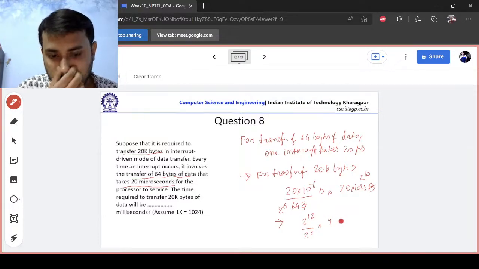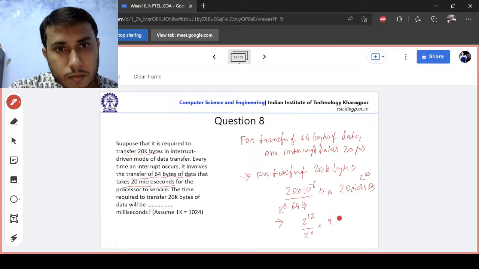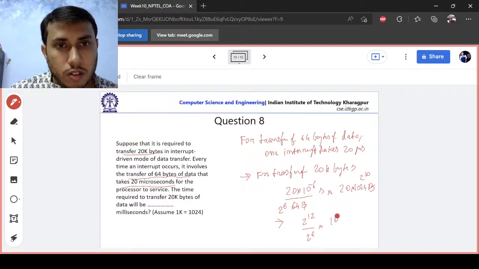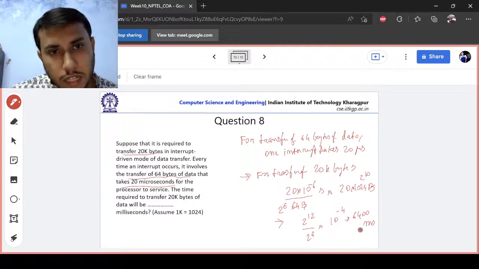Ultimately we get 10 to the power of minus 4, 6400 ms. So that is the answer.